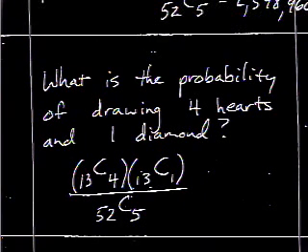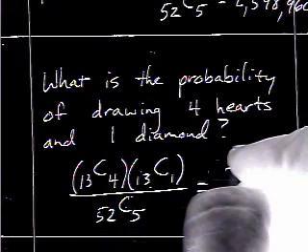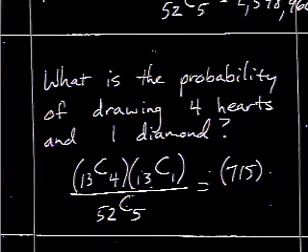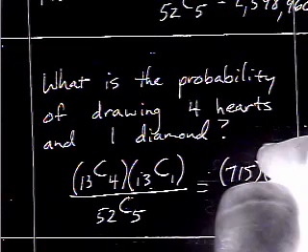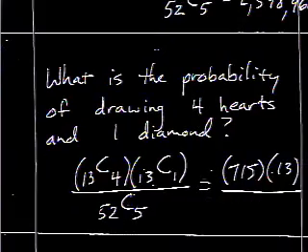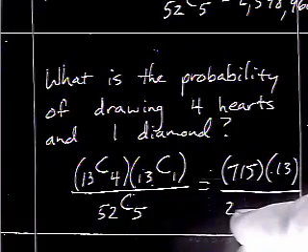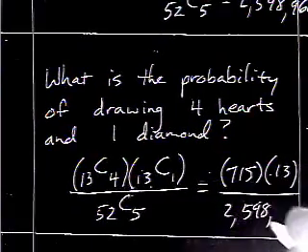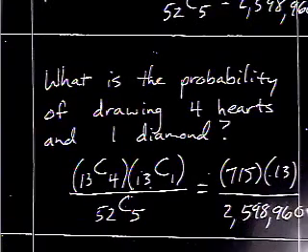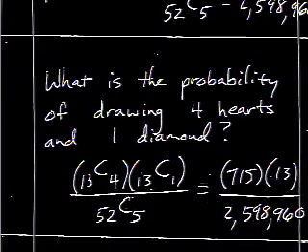So 13 nCr 4 is 715, and 13 nCr 1, of course, that's 13, divided by that number we found before.